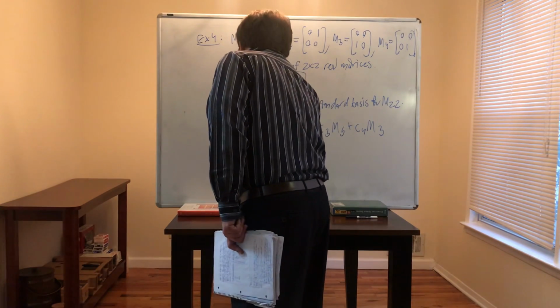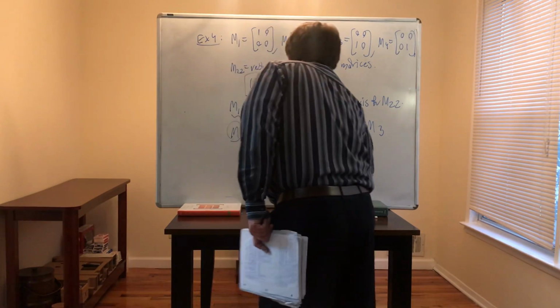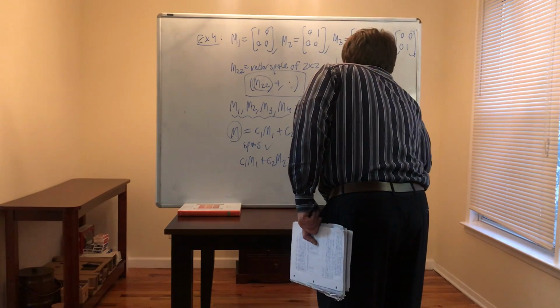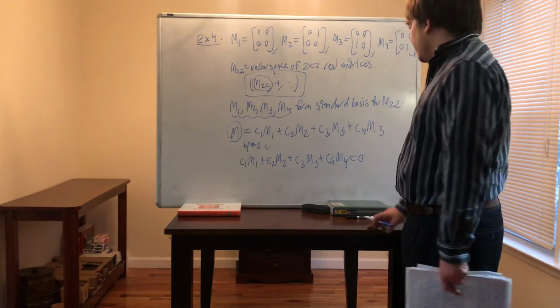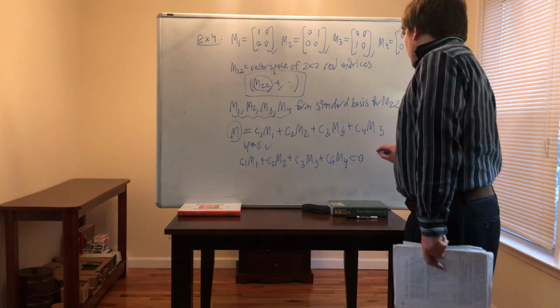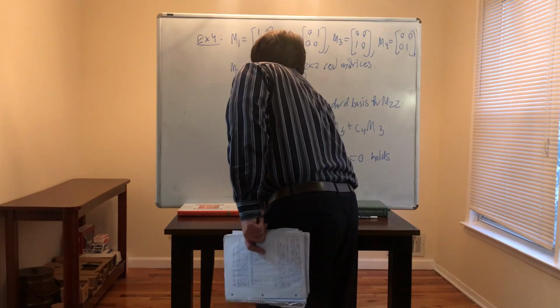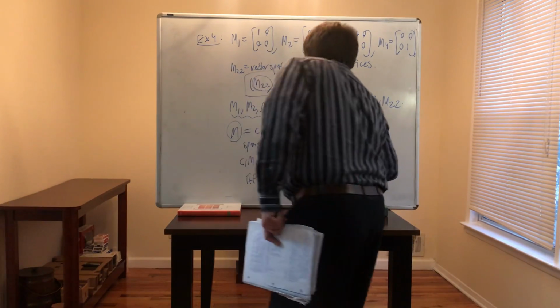Okay, so the set S, those 4 vectors, span M, and then also they're linearly independent, because if you take the equation C1 M1 plus C2 M2 plus C3 M3 plus C4 M4 equals 0, the only solutions are when all the C values are 0. So this equation holds if and only if C1 equals C2 equals C3 equals C4 equals 0.